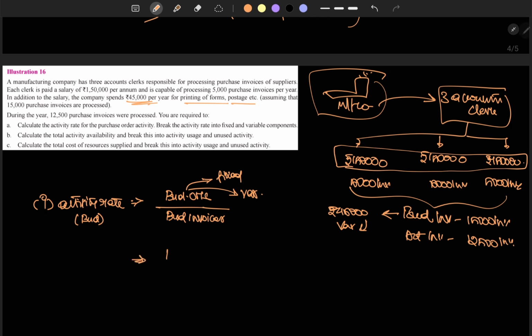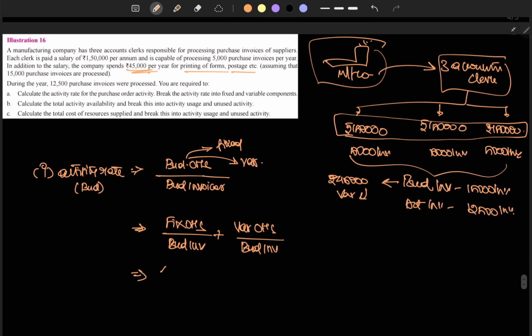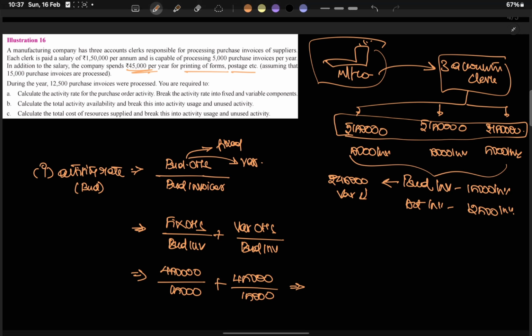So we are splitting it into fixed overheads divided by budgeted invoices plus variable overheads divided by budgeted invoices. Fixed overheads is 4,50,000 divided by 15,000 invoices, plus 45,000 divided by 15,000 invoices.